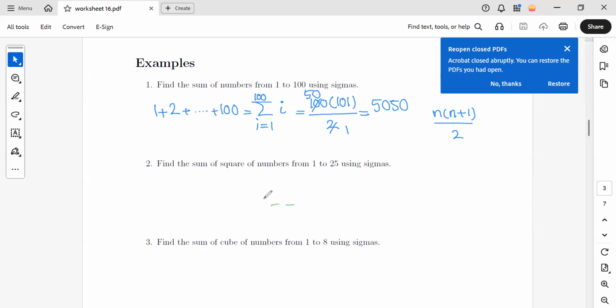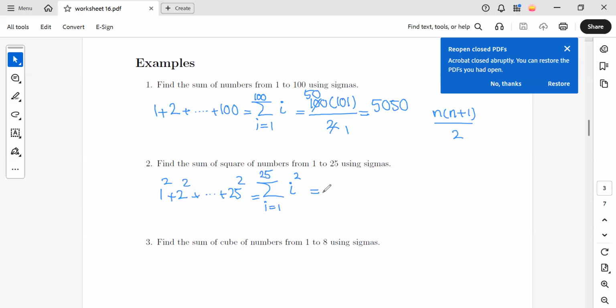Next one is the sum of squares of numbers. So it means that you have 1 squared, 2 squared, all the way to 25 squared. And the formula for that, let's see, if we want to write it as sigma, these are numbers squared that start from 1 and end at 25.